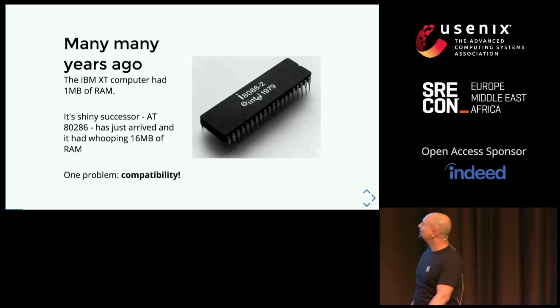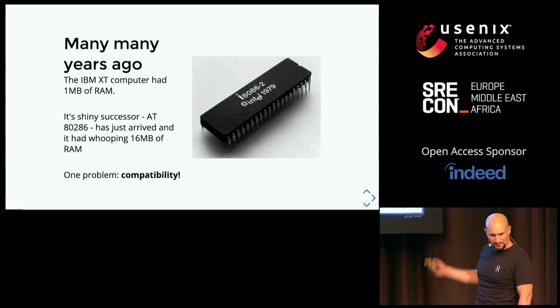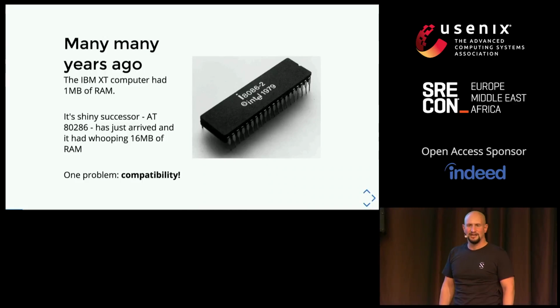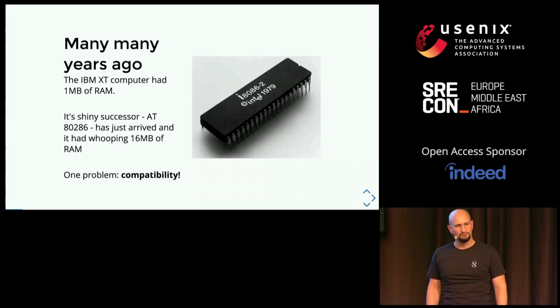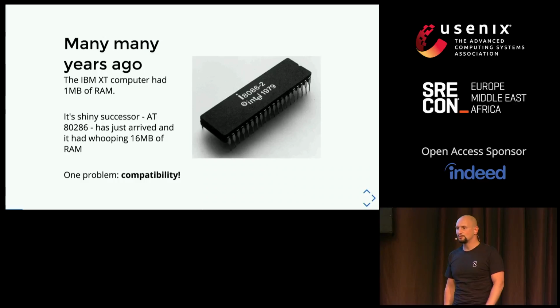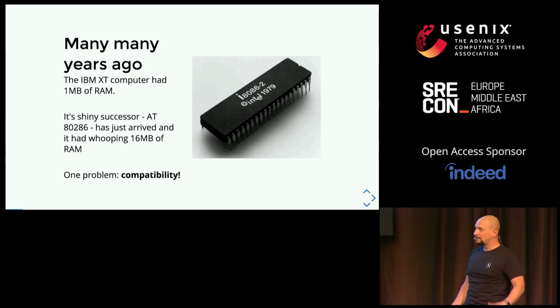Great. So many, many years ago, that was my first computer, the IBM XT. It had 1 megabyte of RAM, which basically means the bus of the memory was 20-bit wide. And it had a kind of a quirk because the CPU was 16-bit.